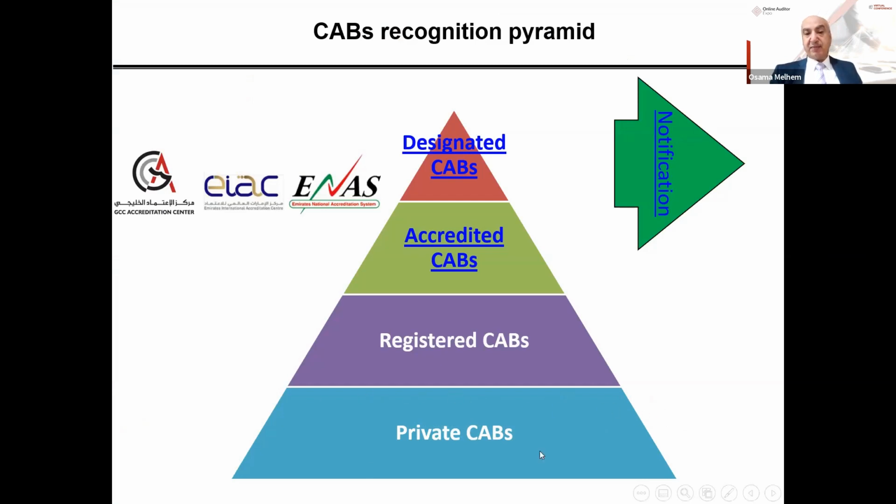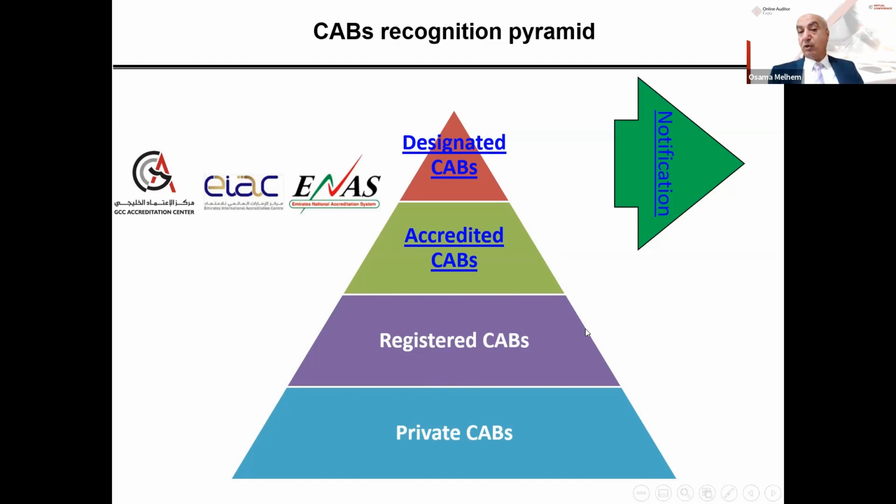Level 1 is the private CABs, like private laboratories, private inspection bodies, private testing. For this level, there is no requirement at all. Okay, you are totally free to do whatever you would like to do. Now, if you are providing this service to the public, you have to be registered with the federal organization, which is ESMA. Now it's changed to the ministry.